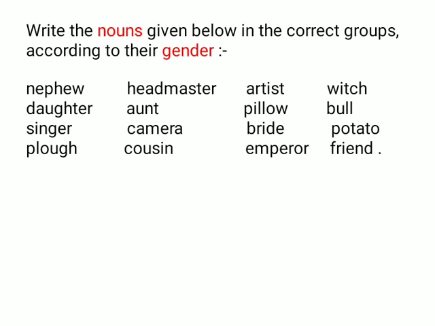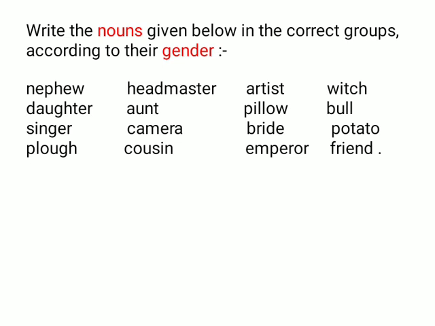I repeat the words here: nephew, daughter, singer, low, headmaster, aunt, camera, cousin, artist, pillow, bride, emperor, witch, bull, potato, and friend. Now, we will classify all these words into the 4 genders.